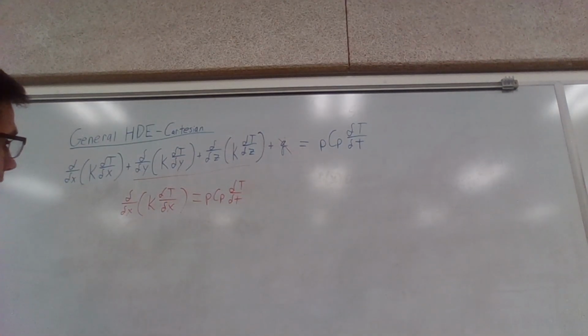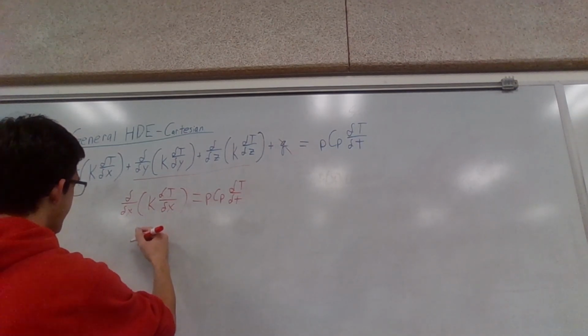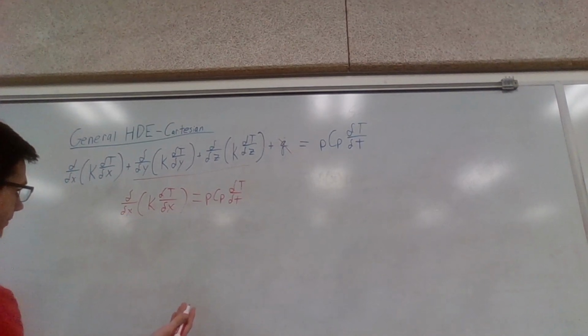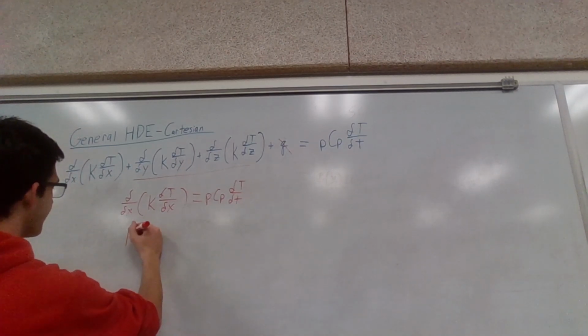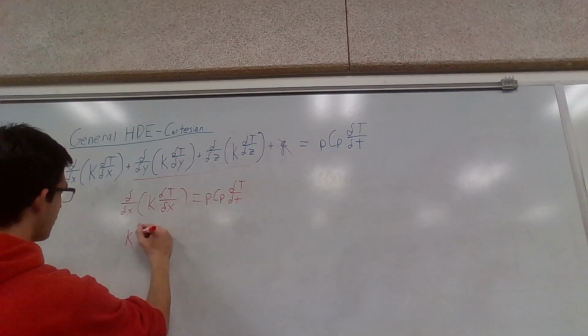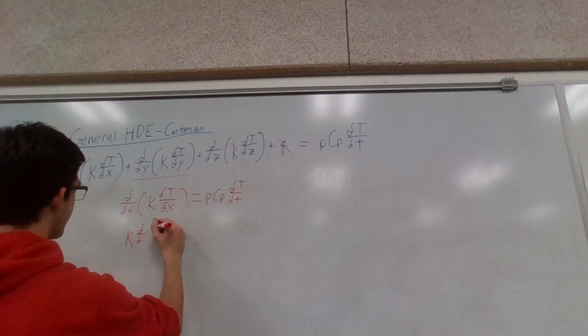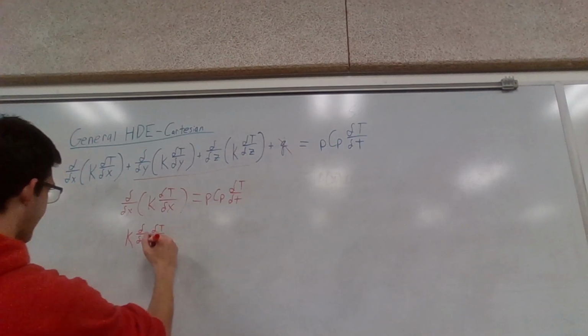All right. Now, the last thing we could do is we're assuming constant properties, so we can actually pull this k out because this partial won't depend on it. All right, so we can pull this k out here. And when we do that, we see, well, we're just taking a derivative with respect to x of our temperature with respect to x.